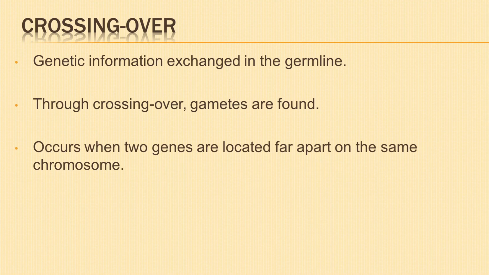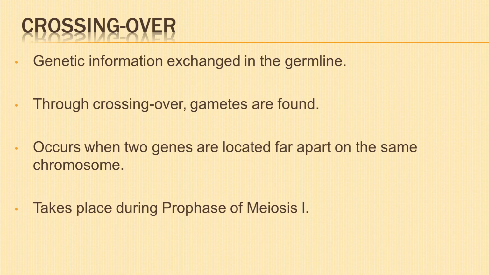Crossing over occurs when two genes are located far apart on the same chromosome. Crossing over takes place during the prophase of meiosis I. Next, we come to the kinds of linkage.